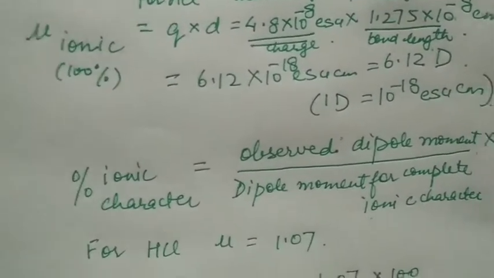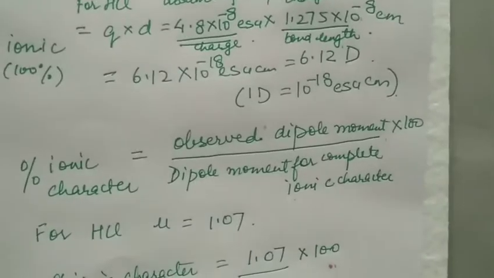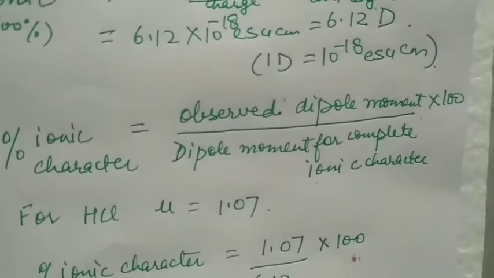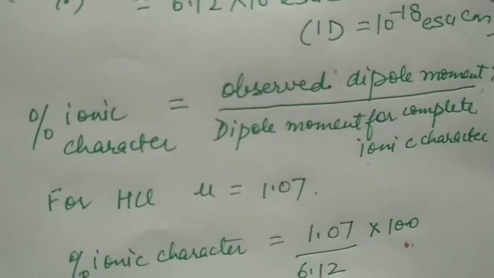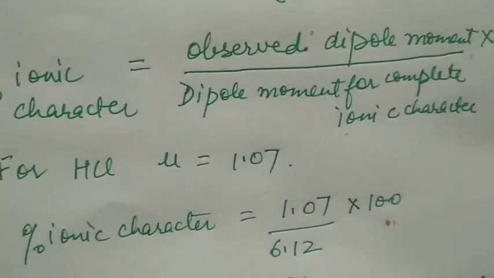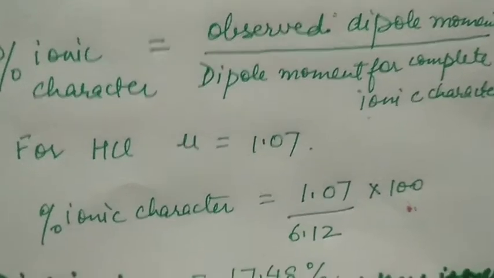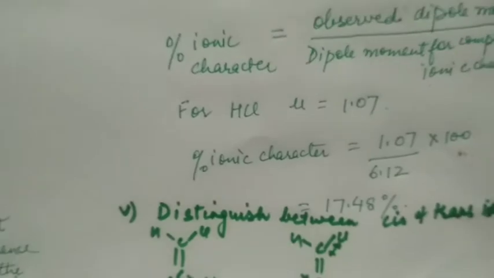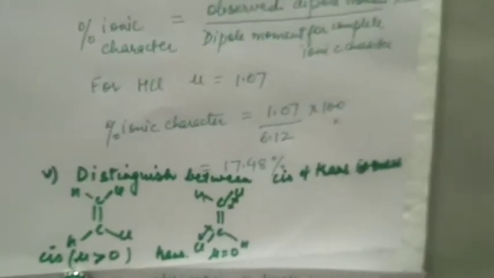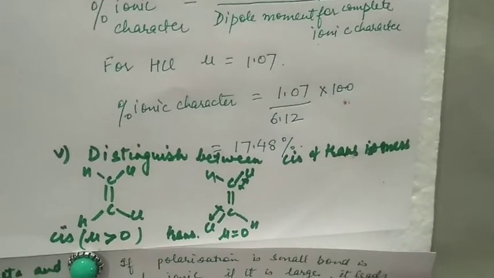Now the dipole moment that is observed is 1.07. So percentage ionic character will be 1.07 divided by the maximum 6.12, into 100. This comes out to be 17.48%.